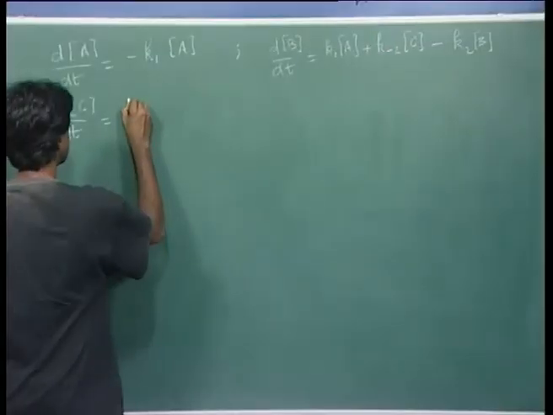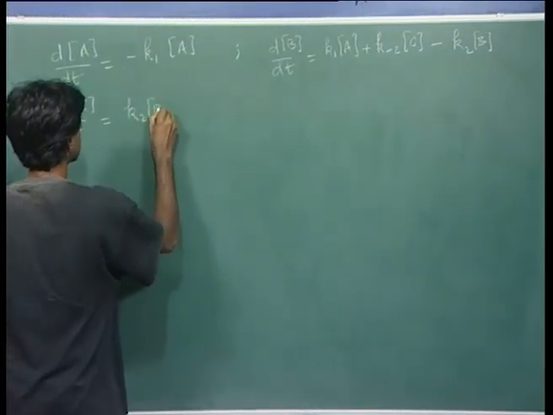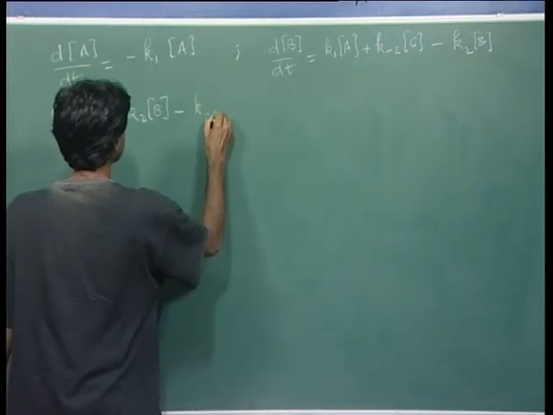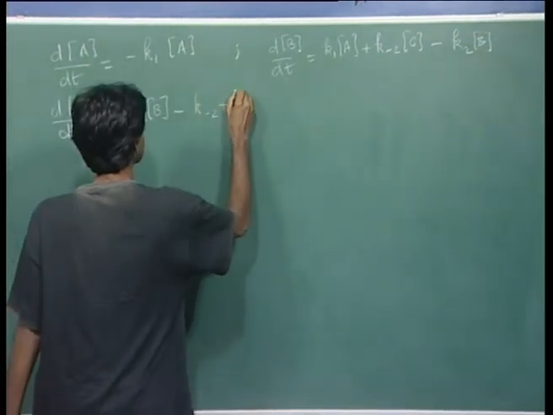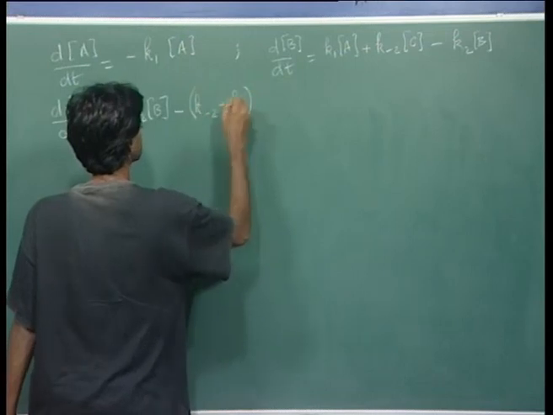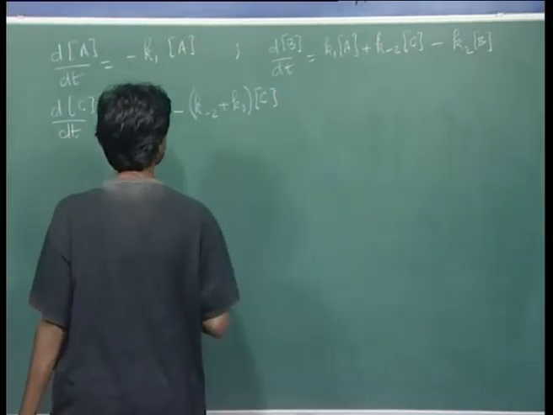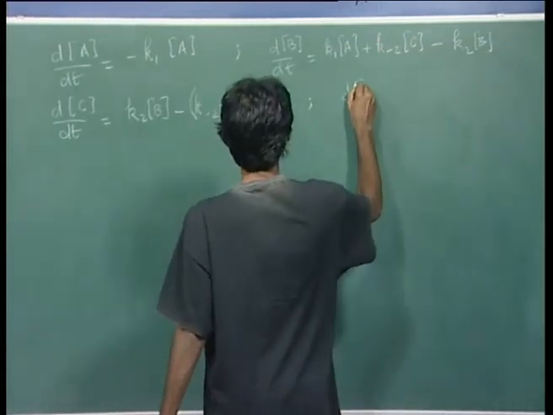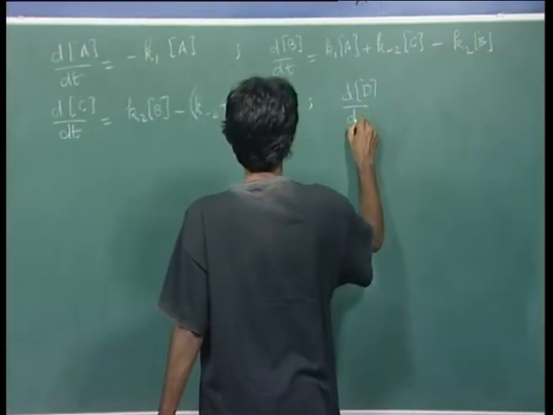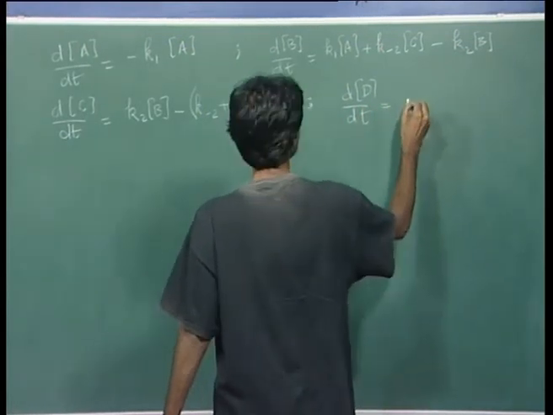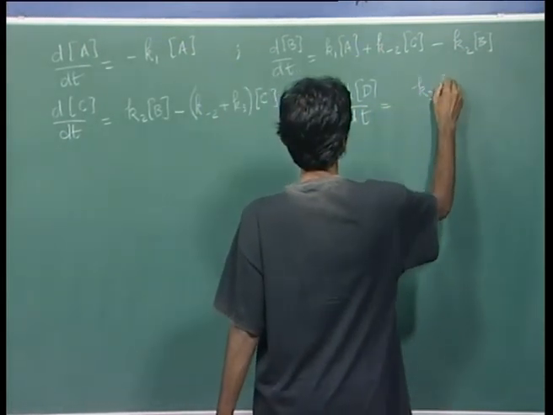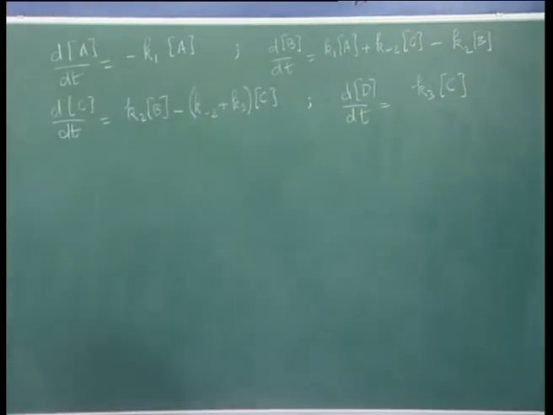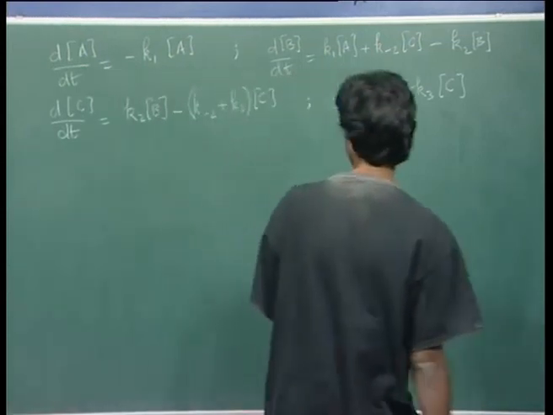So I can write k2B as the rate of production, and it is consumed at a rate of k minus 2 plus k3 times C. Okay. And finally dD by dt is equal to k3C. Okay. So we wrote these as a system of coupled differential equations.